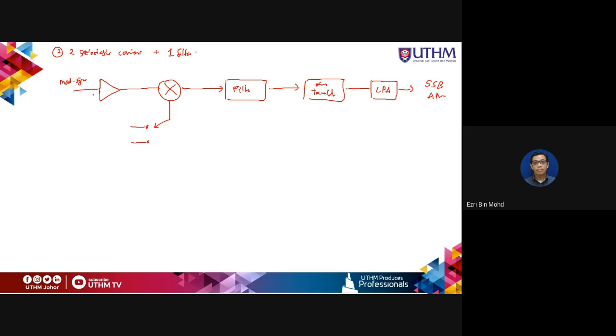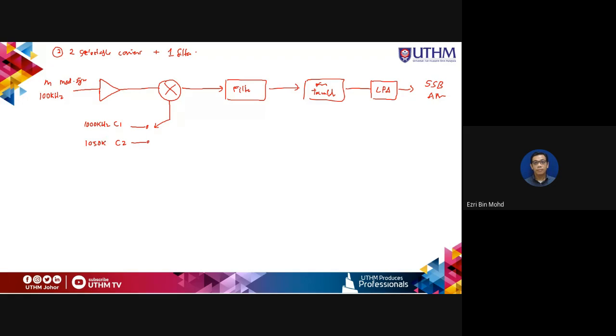Okay. So for example, carrier 1 and carrier 2. So M, for example, M is what? Let's say 100 kilohertz. Carrier 1000 kilohertz. Yeah, let's say for example 1050 kilohertz, carrier 2 at 50 kilohertz.